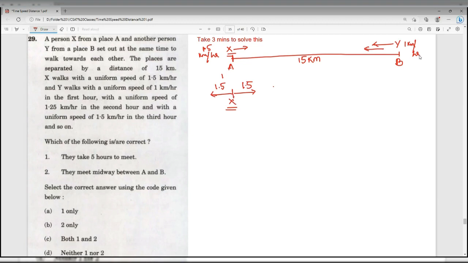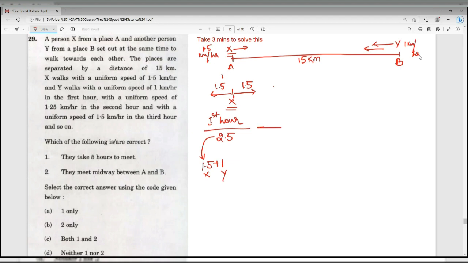So for the first hour, the speed with which the distance will be getting narrower would be 1 plus 1.5, that is 2.5. This is how it is. This is 1.5 of X plus 1 of Y. This is X and this is Y. This is the first hour speed. So in the first hour, the distance would be decreased by 2.5 kilometers.